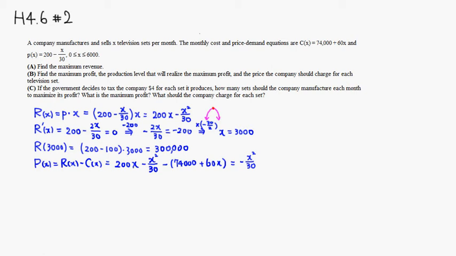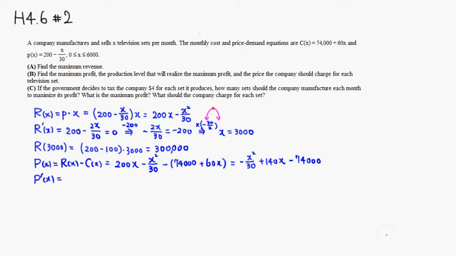Then 200x minus 60x, so it's plus 140x. Then we have a minus 74,000.